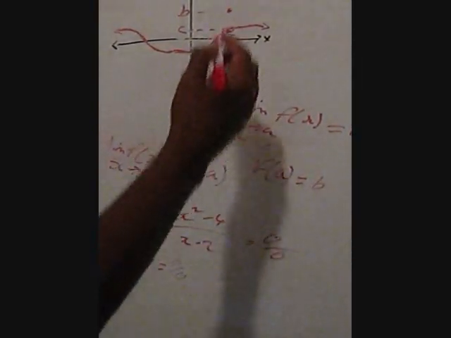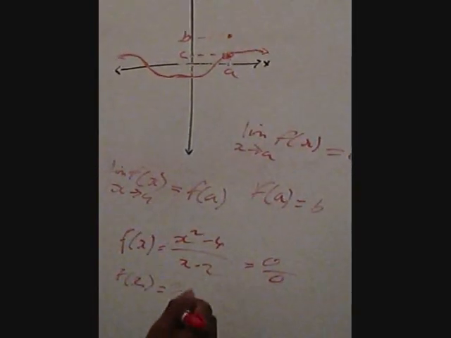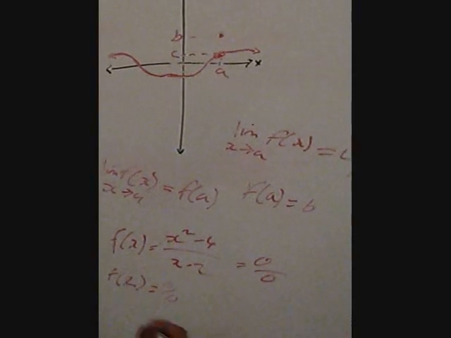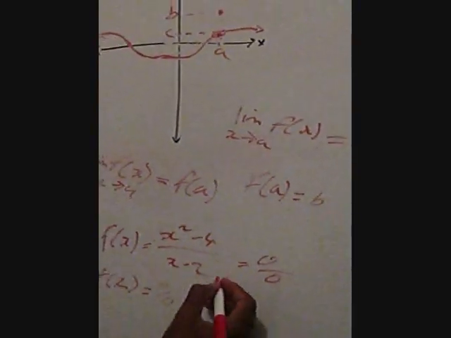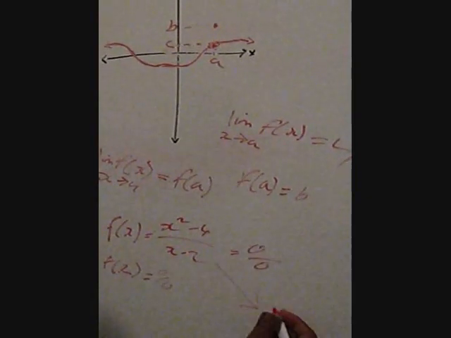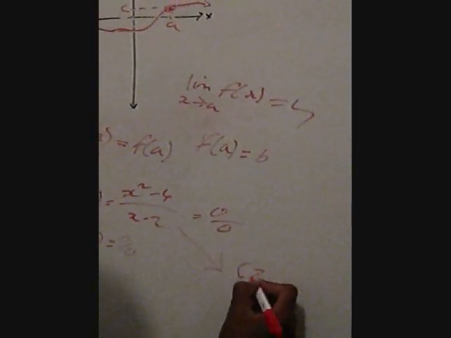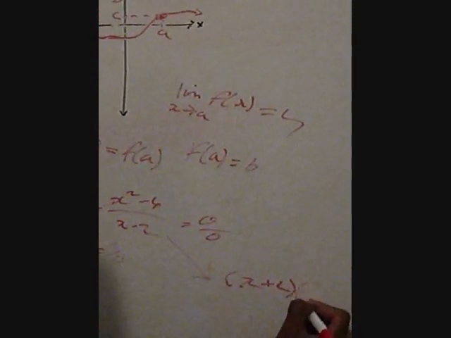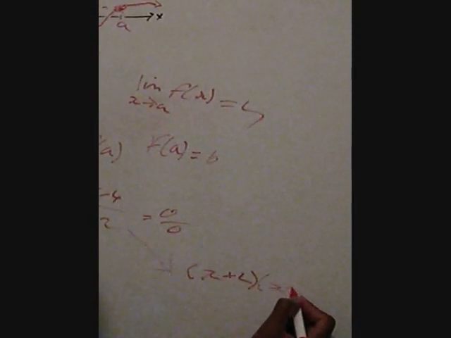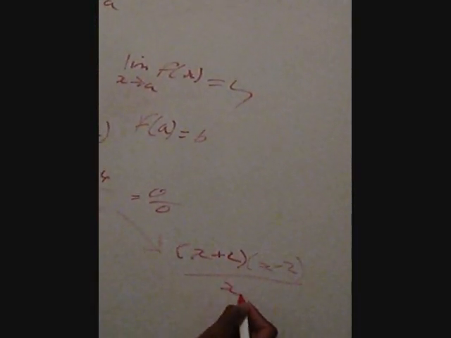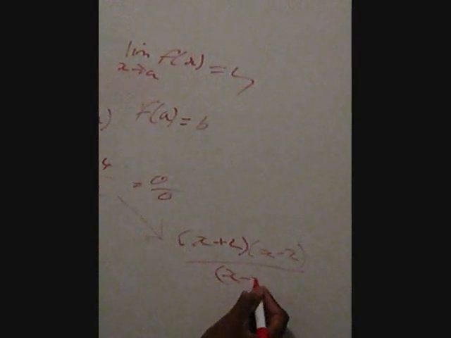Now, to get a point in that function, we can simplify this equation so that we have, let's break up that and have x plus 2 times x minus 2 over x minus 2.